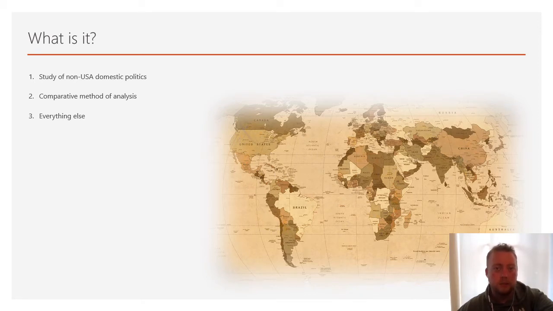But in actuality, it's just the study of non-US politics domestically. So not internationally. We're not really necessarily looking at any relationships between states, but rather looking at those individual states the same way we would study American government, but now we're studying, say, Brazil or China or Zimbabwe.